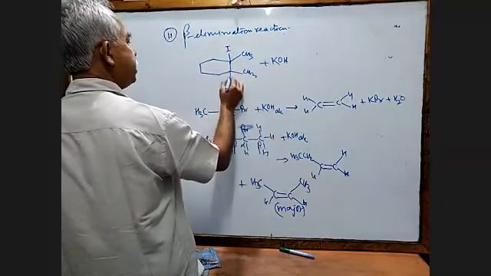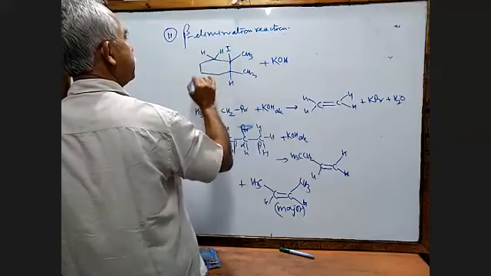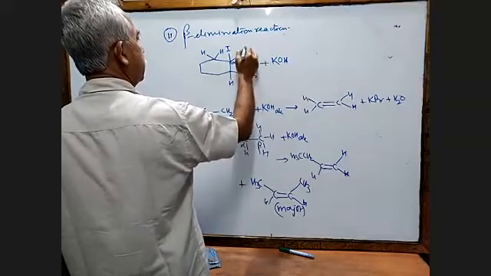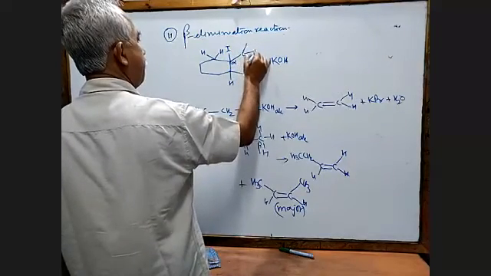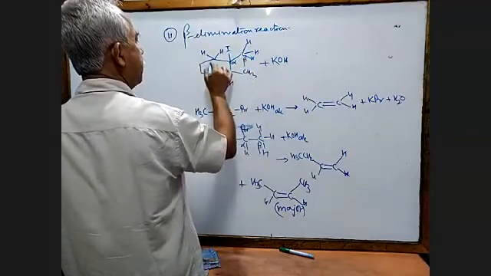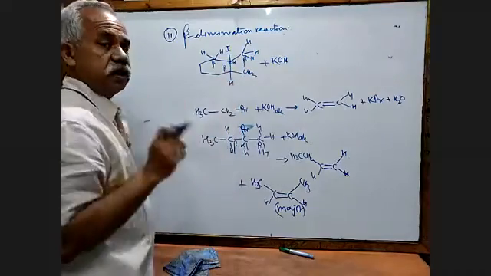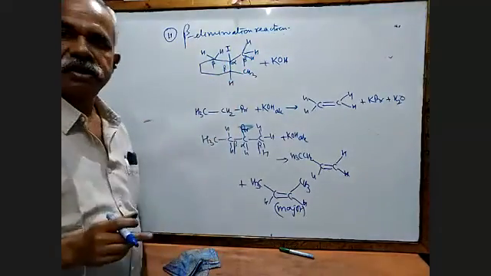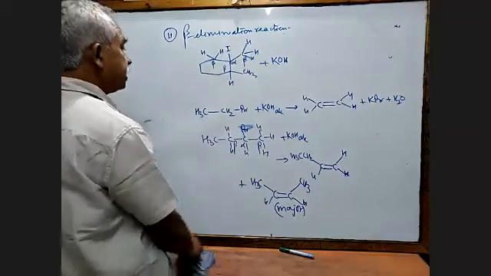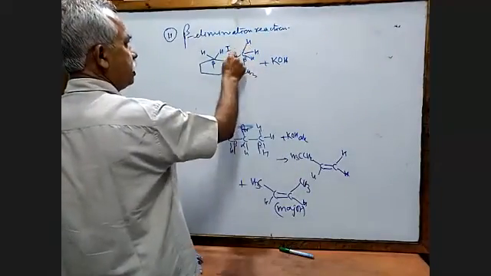Anyway, for your simplicity, I'll write here H, I'll write here H. Look there, this is the alpha carbon. How many beta carbons does it have? 1, 2, and 3. And all the beta carbons have hydrogen. So it is going to form 3 alkenes. This one and this one will go.